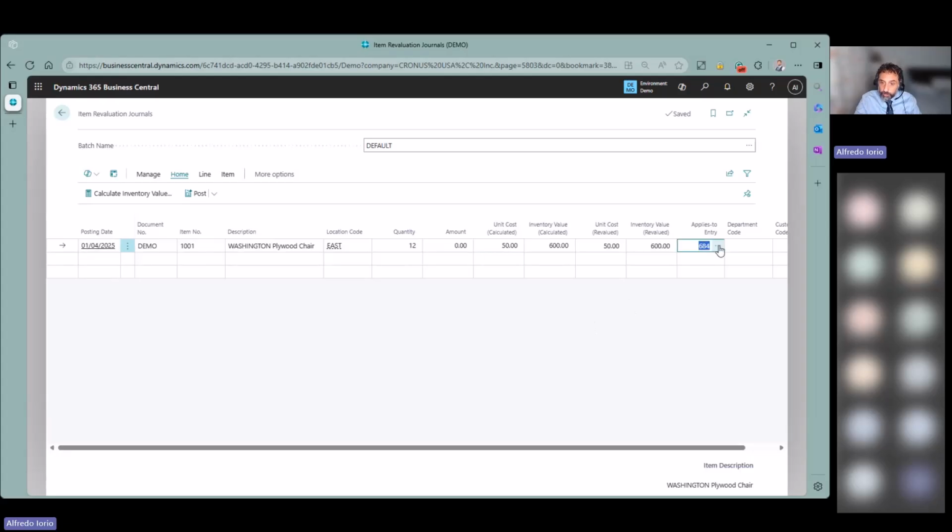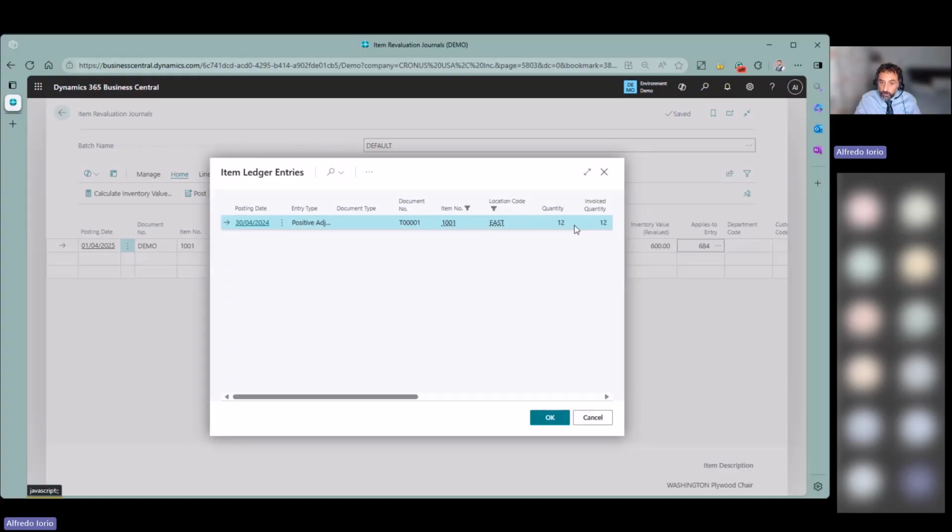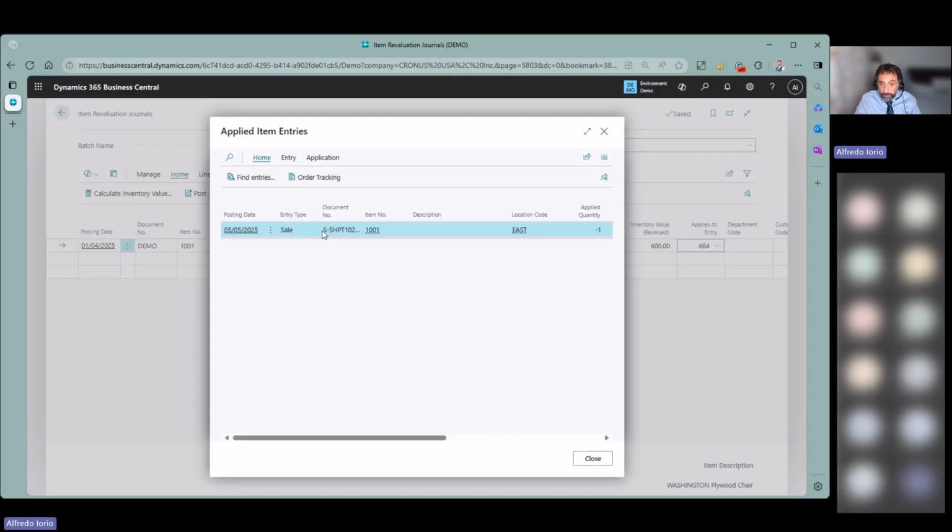It still tells me that I have remaining 11, but if I look at the applied entries, because I see there is a sales shipment that consumed one piece of the item from my location East, the shipment was posted on the 5th of May, and it's been invoiced, and you can see, because it's not open.